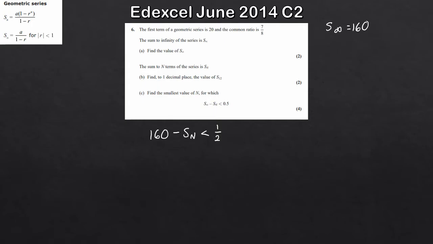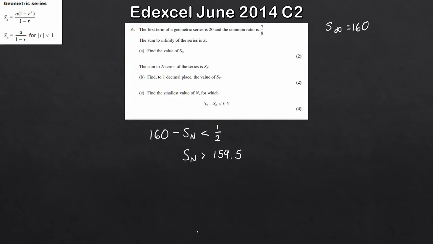Well, we can make a little bit of manipulation here. I could subtract this half off, and I'm going to take this Sn to the other side, if that makes sense. So what I'm saying then is that the sum to n terms has to be greater than 159.5. I'll subtract a half off both sides, and I'll take that Sn across to the other side. If we're saying 159.5 is less than Sn, then Sn has to also be bigger than 159.5.